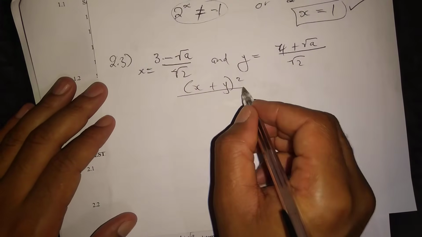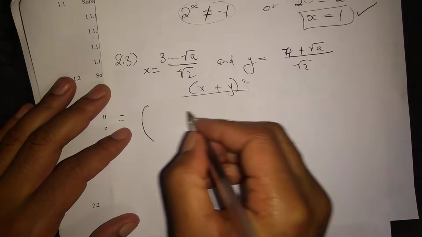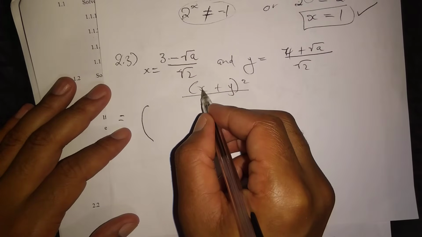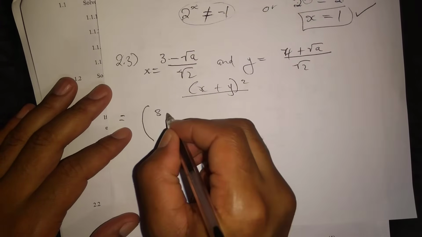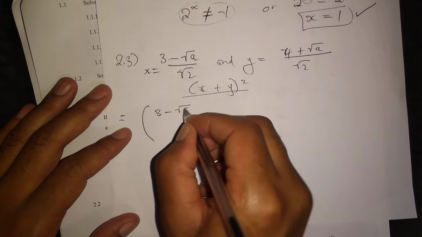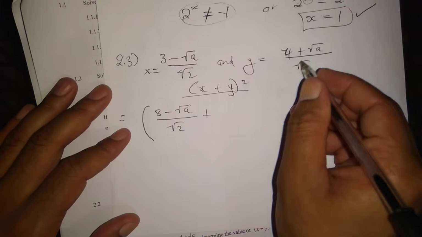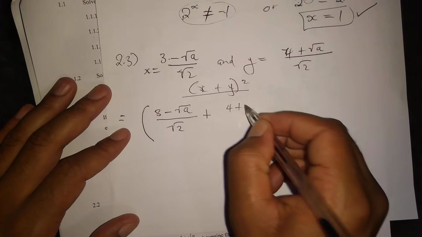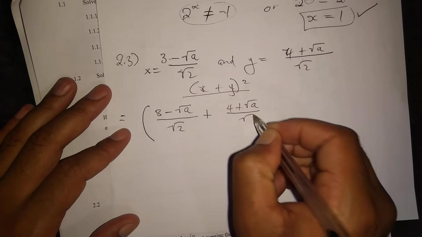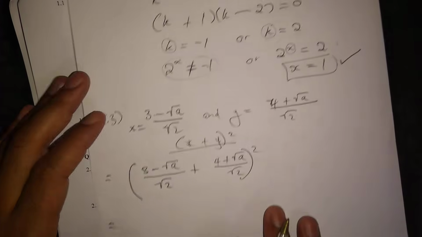We want the value here. So you find it by substituting the x value, 3 minus square root of a divided by square root 2, plus y, which is 4 plus square root a divided by square root 2, all raised to exponent 2, is equal to, voila.